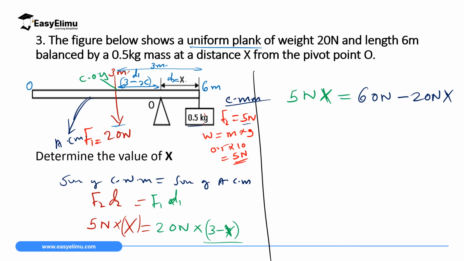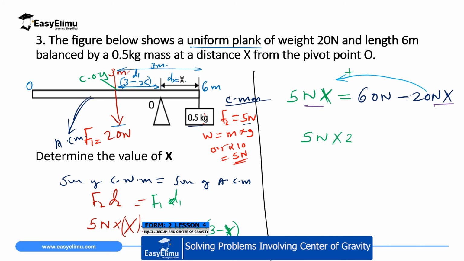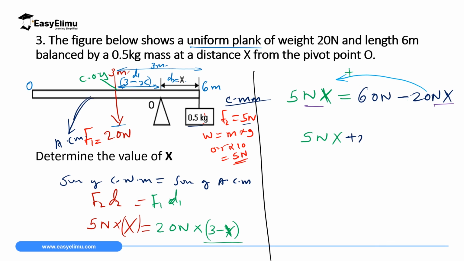Now we have common factors, Newton x and Newton x. We are going to bring 20 Newton x to the left hand side. What we get is 5 Newton x, and since this one is negative, when it crosses over it becomes positive, plus 20 Newton x, equals 60 Newton meter.